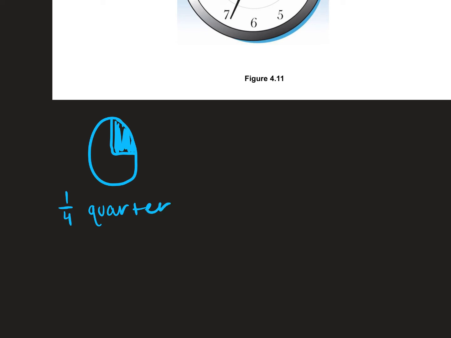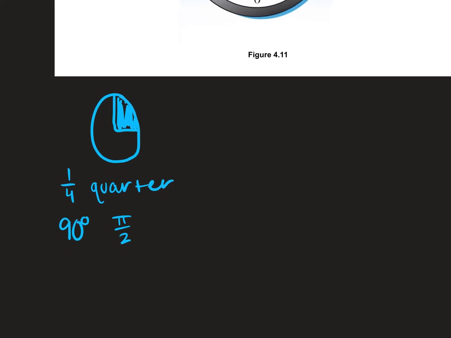If I had a circle, how many degrees would be in 1/4 of it? 90 degrees, which would be how many radians? Pi over 2 radians. And how many seconds would 1/4 of a clock be? 15 seconds, perfect.